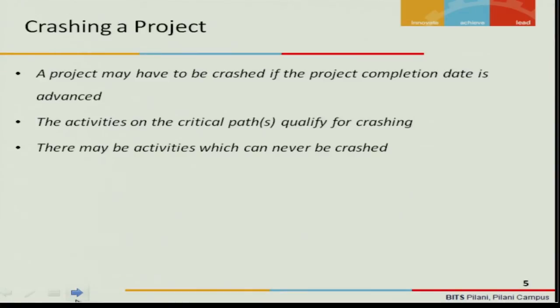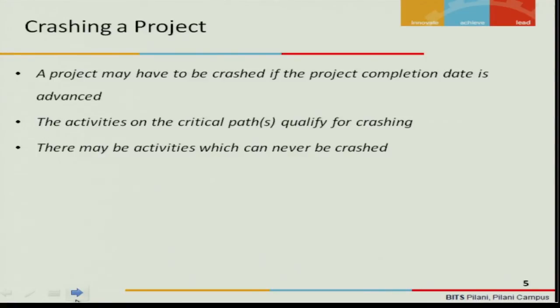Within the critical path also, there may be certain activities which can never be crashed. For example, you are doing a heat treatment, or the construction is going on and it requires a certain amount of curing for the foundation. Can you do something to crash it? Can you put some fire into that place and try to dry it faster? No, it has to take that sort of time to cure properly.